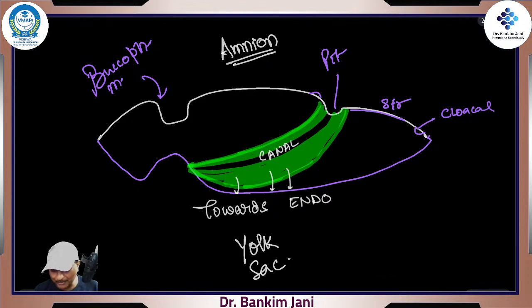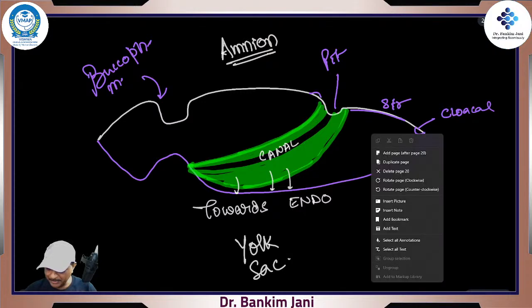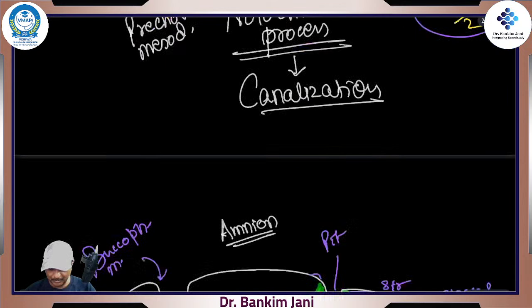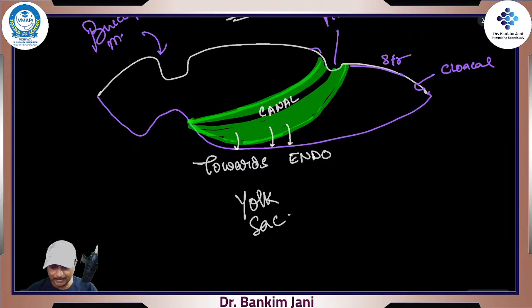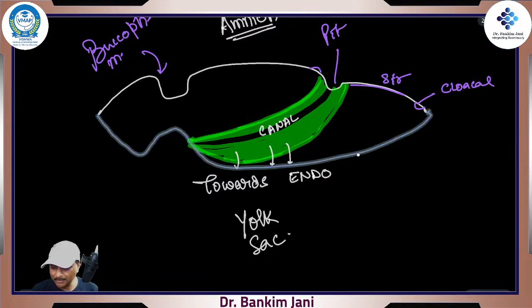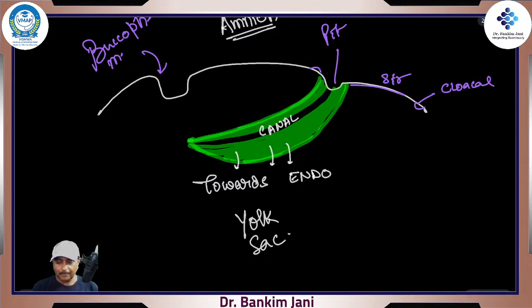I have to really draw it again. Okay, let me copy this page, duplicate page. So we have got this, and then see the next change. In this change, the endoderm now goes like this and this.